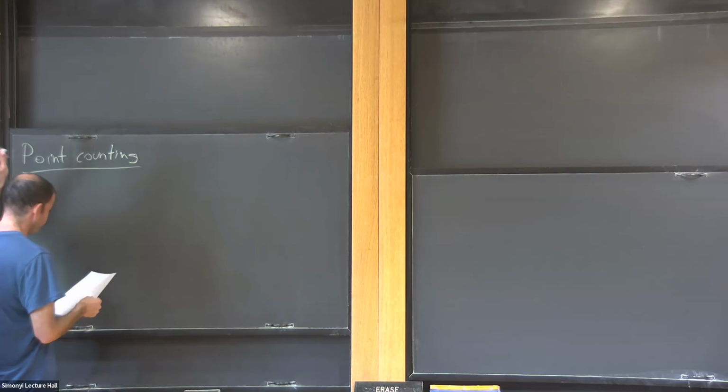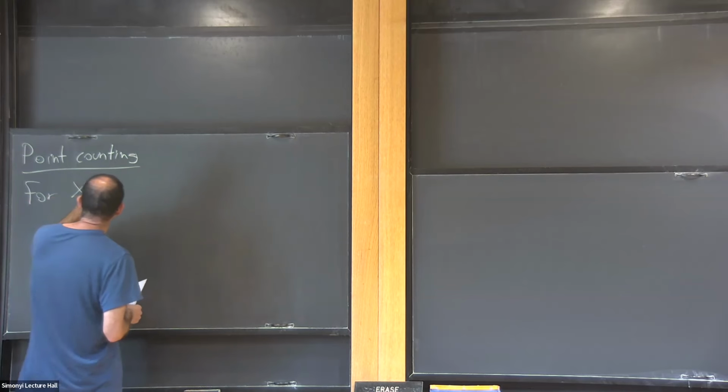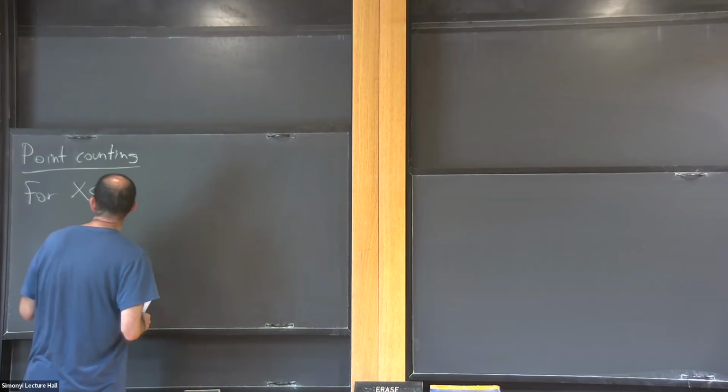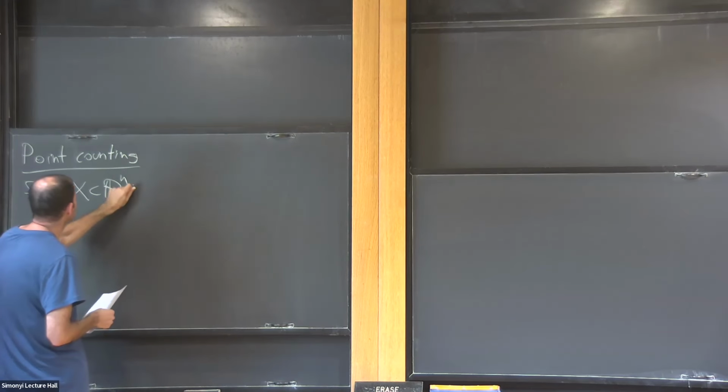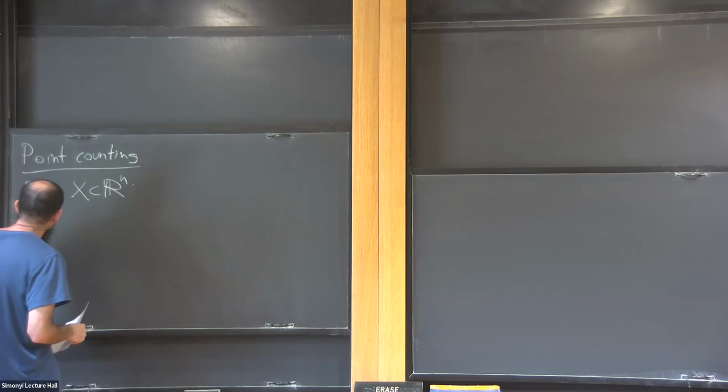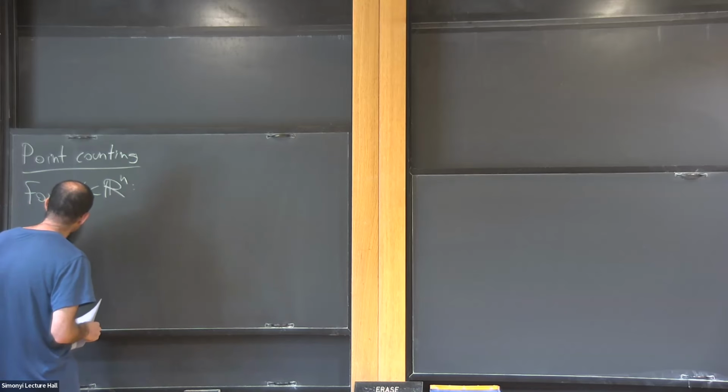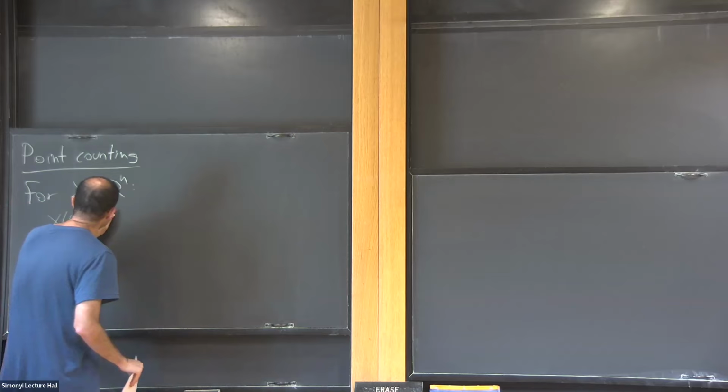So for a subset of R to the n, I'm going to make a few notations. The most classical one is X(Q,H).